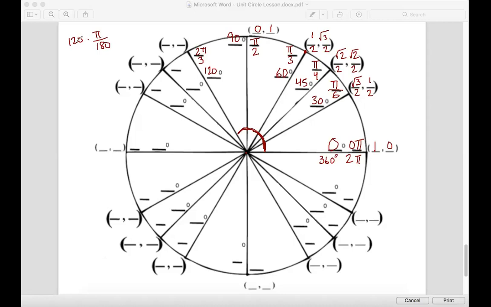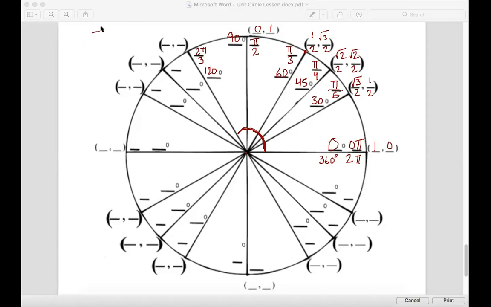I could say, well, I know they're both divisible by 60. 60 goes into 120 twice. 60 goes into 180 three times. So that's your 2 pi over 3. So that's how I like to do it. You can just out and out memorize it, and there are other ways, but that works really well for me. So let me erase that, and then we'll keep it moving.